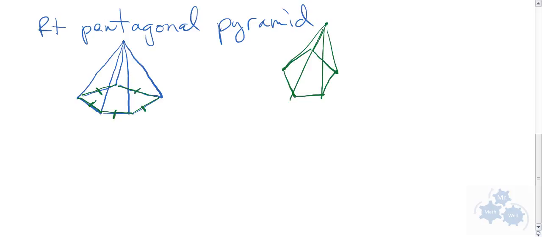And even though it might not look to scale, that means that they're all the same length. So this is a right pyramid because, well, as good a drawing as I can make you, I guess. That's a right angle there. From the apex down to the center to the midpoint of one of the sides, right angle. Right pentagonal pyramid.